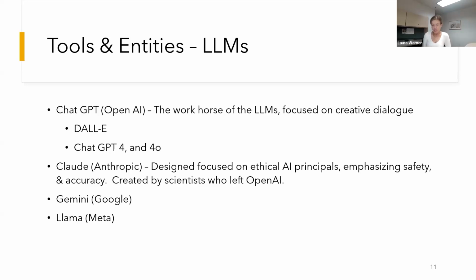What's really interesting about these tools is that all three of OpenAI, Anthropic, and Google have come out and said, we don't know how they actually generate the information that they generate. They know how they train them, with billions of parameters and tons of data.